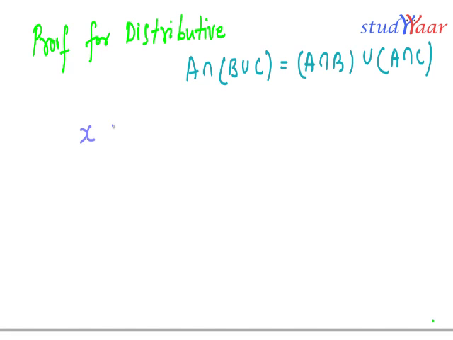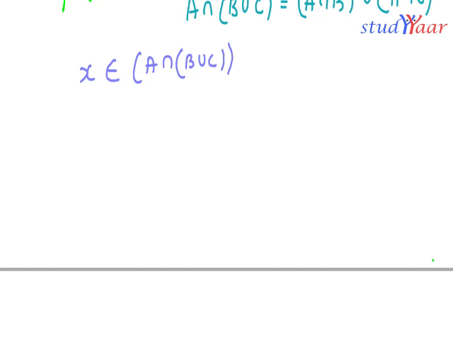So I'm going to write it as X is an element of A intersection B union C. Okay, so for all X, what I have over here is, I can say that X is an element of A, right? And X is an element of B union C.